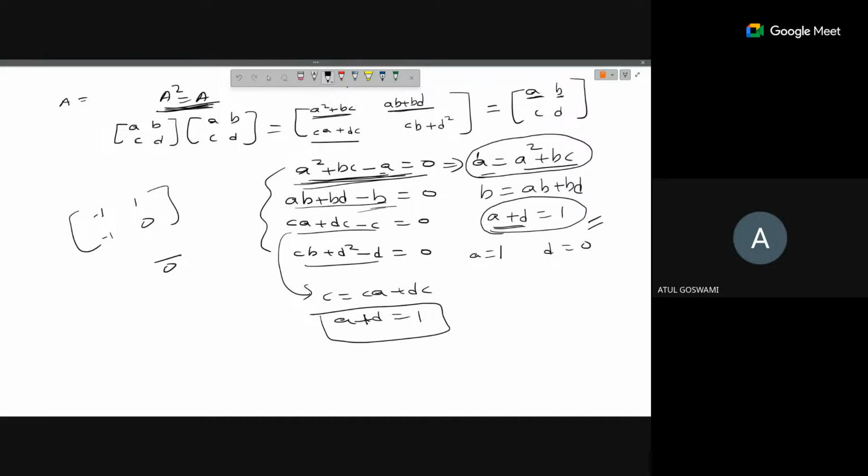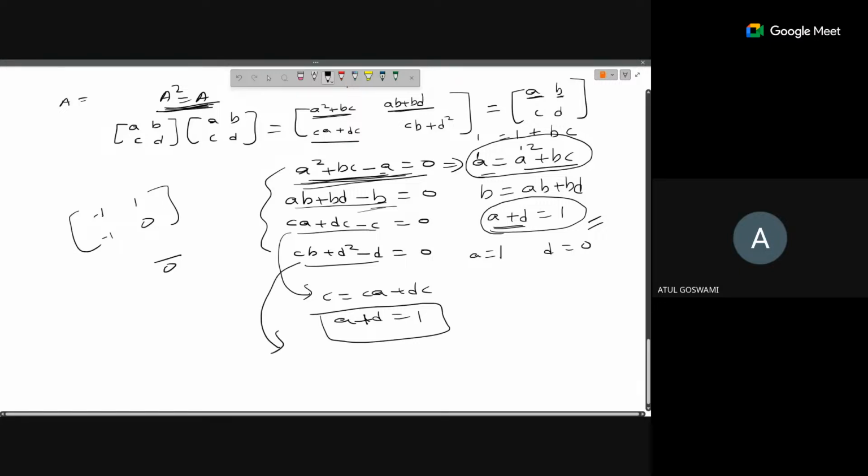Now A is 1. Then 1 equals to 1, and this is B and C, right? So then we could take this equation here. B and C is also given. Okay, so this condition is satisfying.